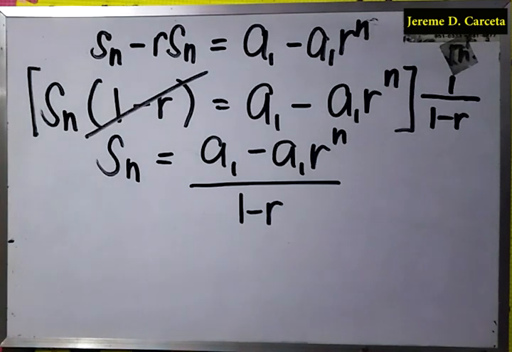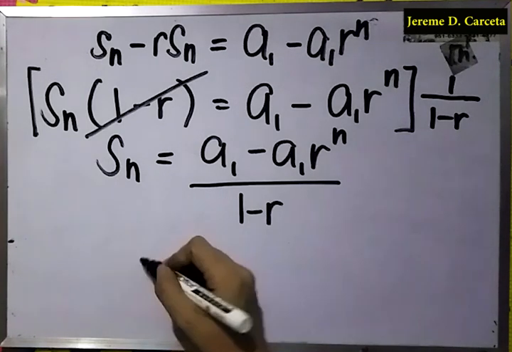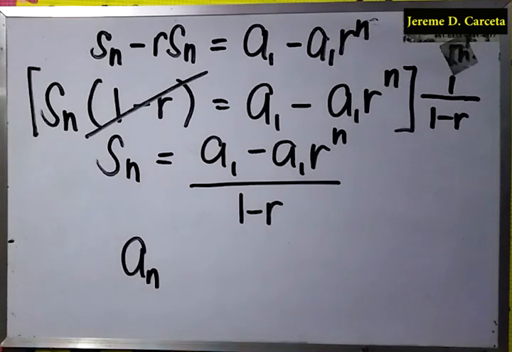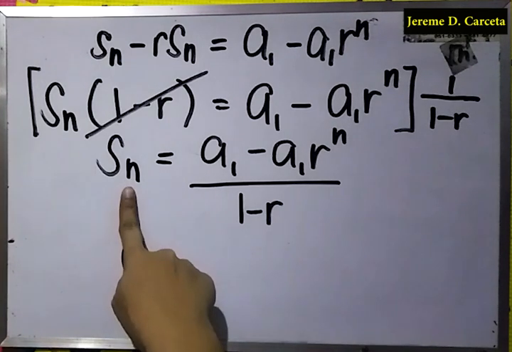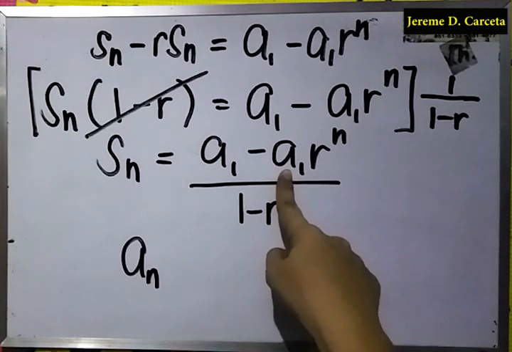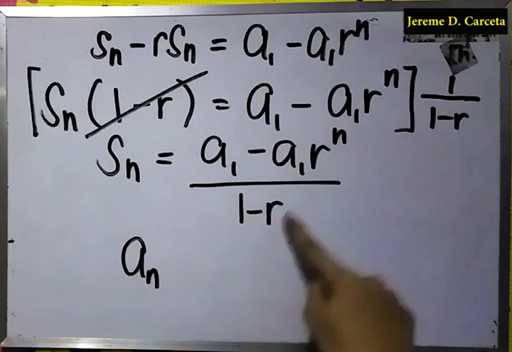So this formula can be used if the last term, a sub n, is not given. As we have noticed, we have the sum of the terms, the first term, and of course the common ratio.